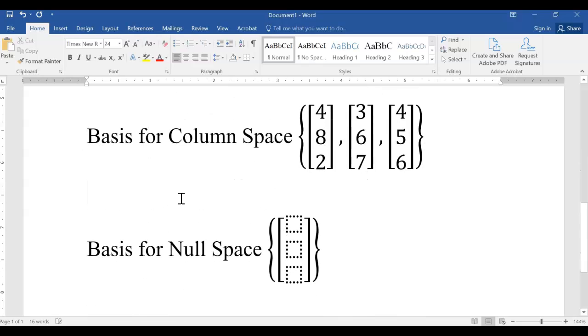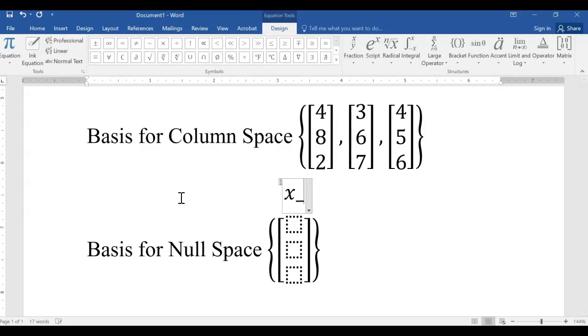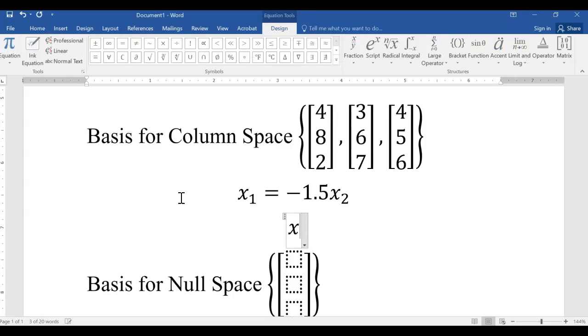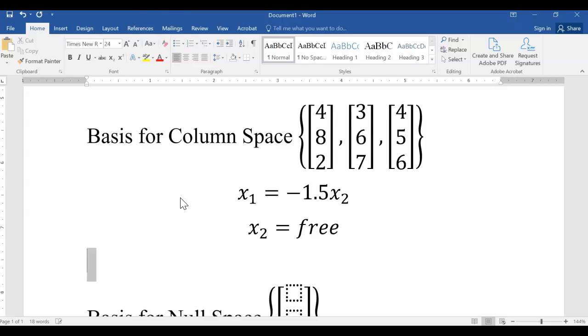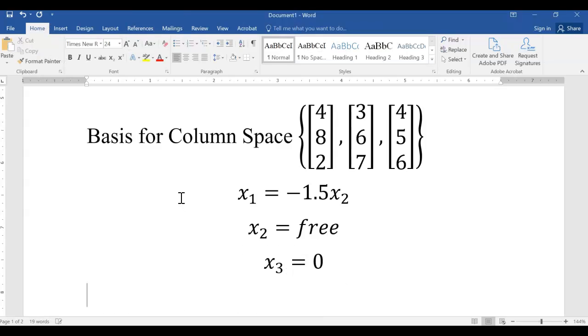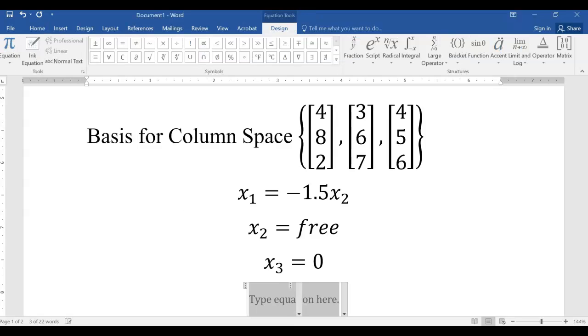Let me write down the general solution to the homogeneous equation. x1 equals negative 1.5 x2, and x2 is free, and then x3 is 0, x4 is 0.